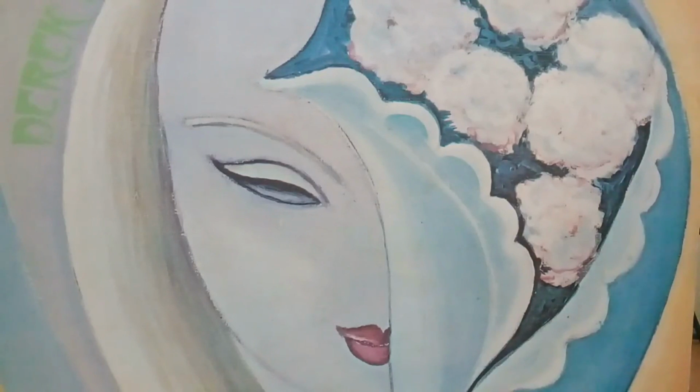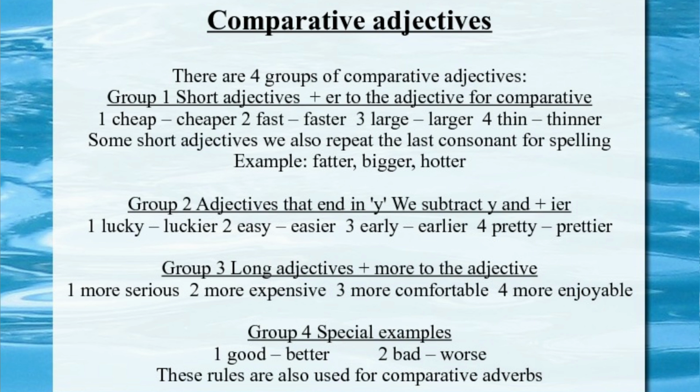So if we look at the first group, this is one of what we call regular comparative adjectives. What happens is that we add er to the adjective, and we use this with short words.